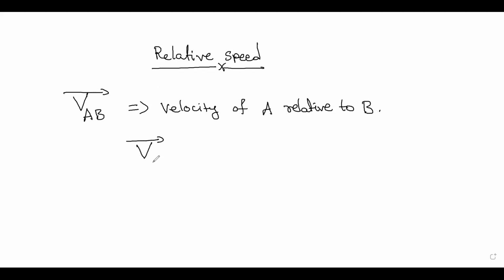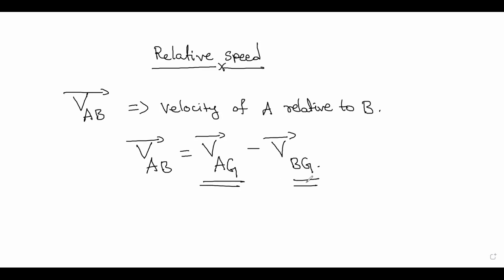VAB bar is velocity of A with respect to ground minus velocity of B with respect to ground. Please understand, G refers to ground. Clear? This is all you have to remember. Velocity of A with respect to ground minus velocity of B with respect to ground.